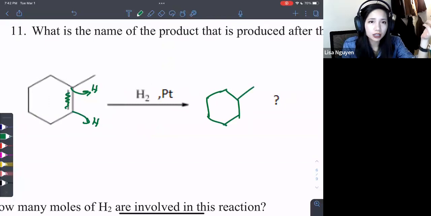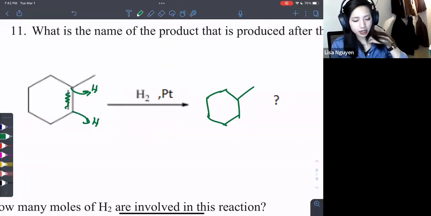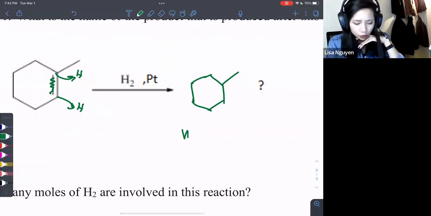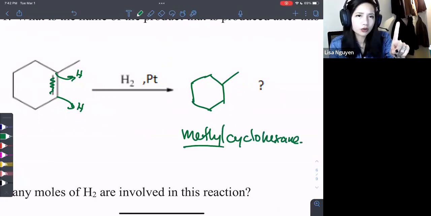So the molecule would just look like that, all single bonds. And so the question is here, what's the name? So this would be cyclohexane, but then there's a methyl group on it. So this would just be methylcyclohexane, because it's all single bonds. I don't have to say 1-methyl because there's only one substituent on it. So it's assumed that's on carbon 1.